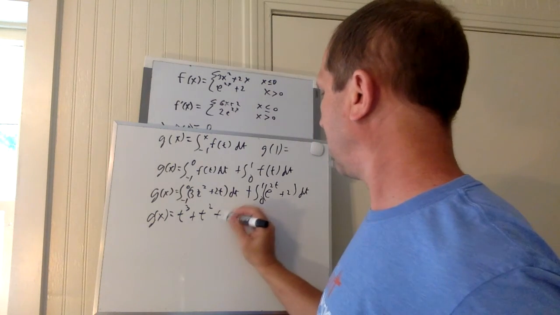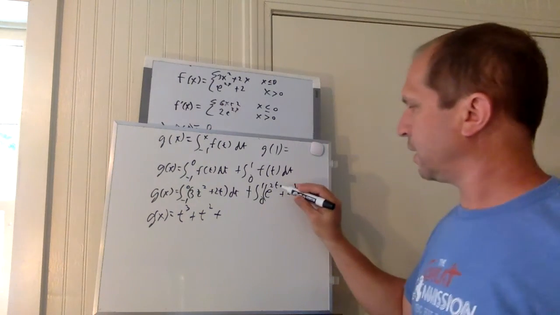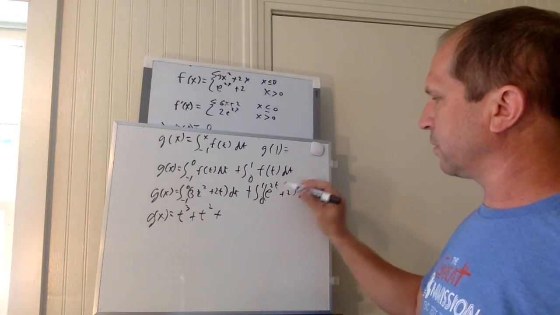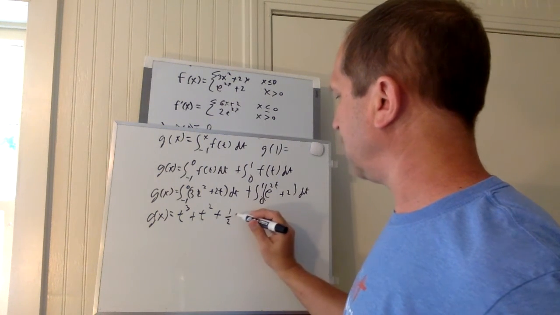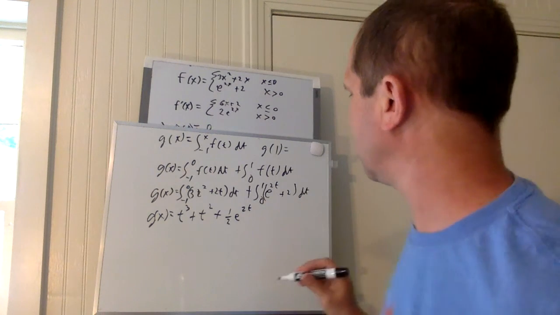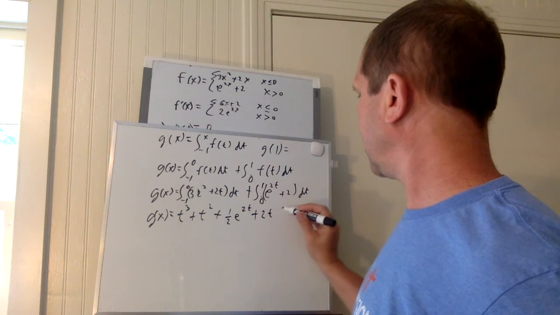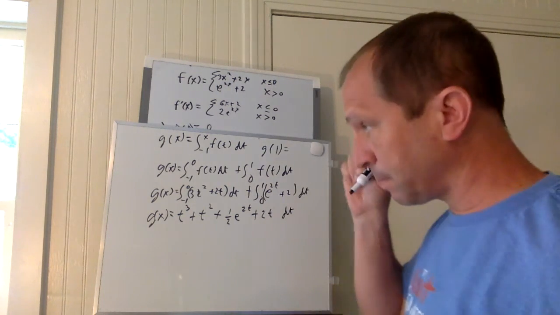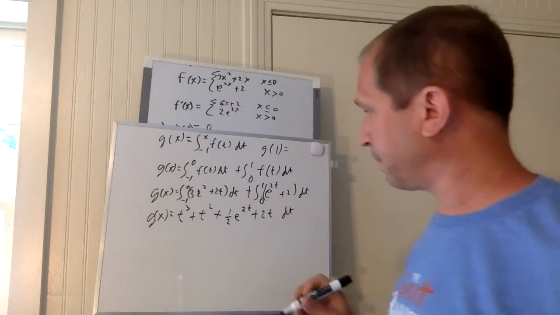All right, then plus, all right, the antiderivative here, if you let u equal to 2t, then du over 2 would equal to dt, so it's 1/2 e to the u, and u is 2t, so it's 1/2 e to the 2t plus 2t dt.